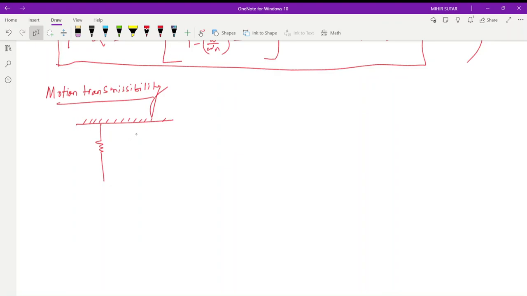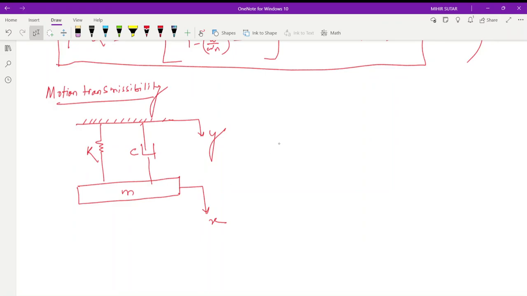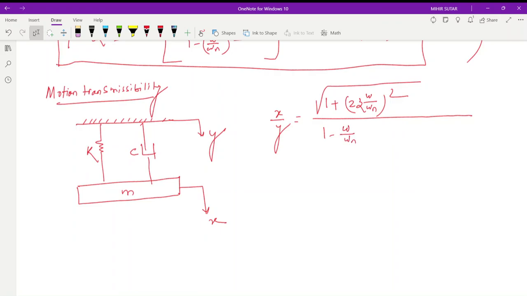This is spring stiffness K. This is damper and the mass attached to it is M. This is K, damping coefficient C, amplitude of vibration Y, amplitude of vibration X. So we'll have X by Y will be square root of 1 plus 2 zeta omega by omega n square, divided by square root of 1 minus omega by omega n square whole square plus 2 zeta omega by omega n square. This is, let's say, equation 12.